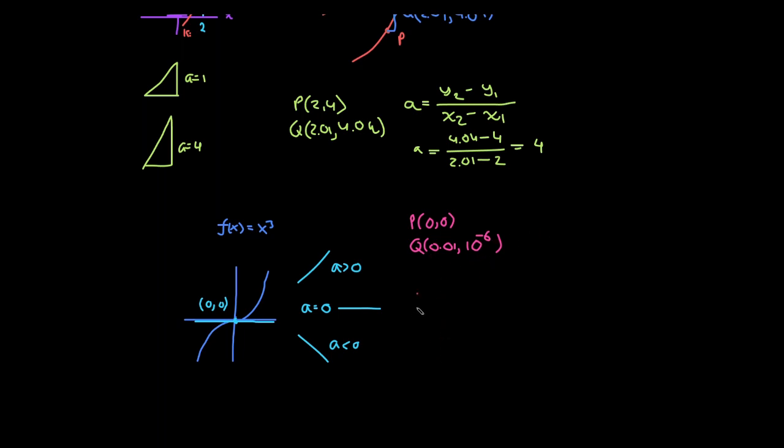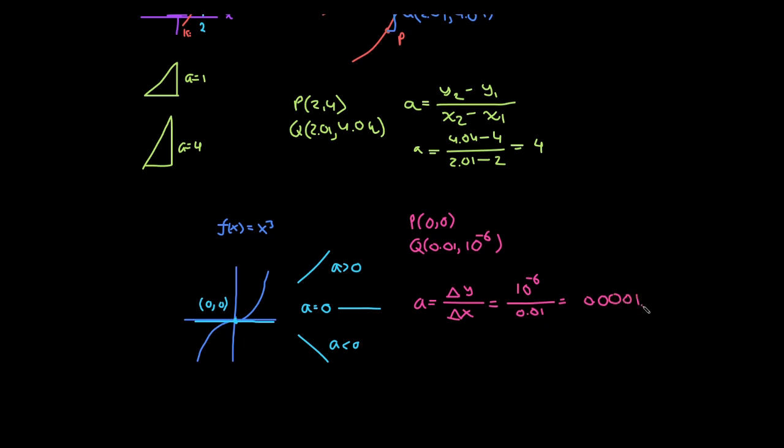Well, let's figure out the slope of the line through these 2 points. That's going to be a, the difference in y divided by the difference in x. The difference in y, well, that's 10 to the negative 6 minus 0, so that's just 10 to the negative 6. And then the difference in x, that is 0.01 minus 0, so it's just 0.01, which is going to be 0.0001, I believe.